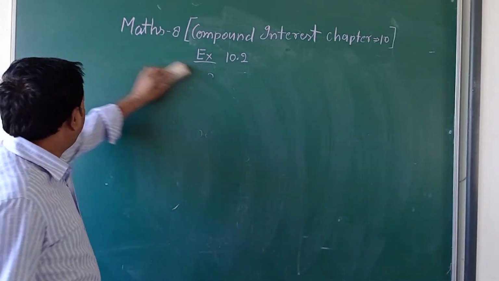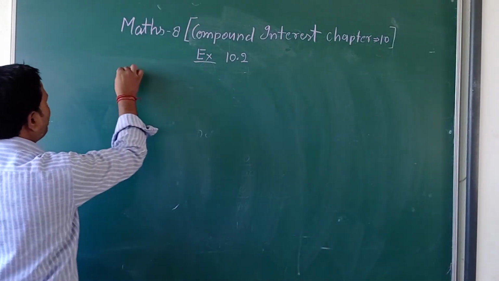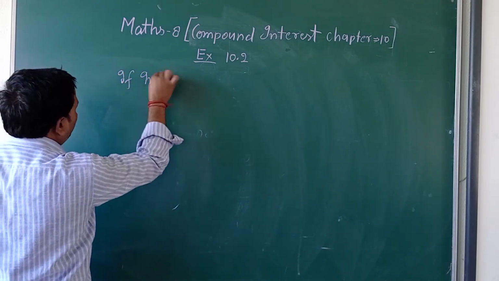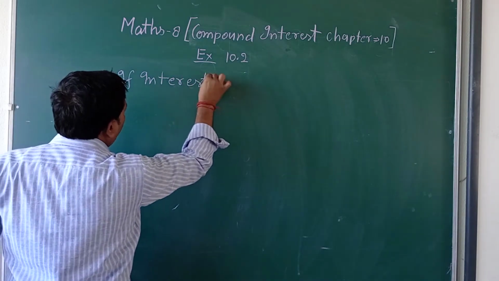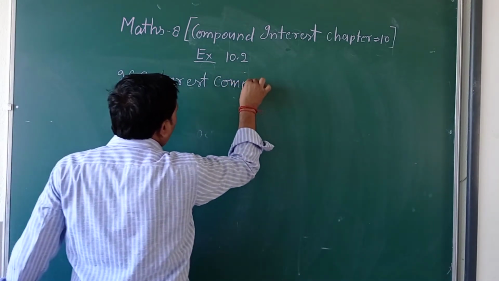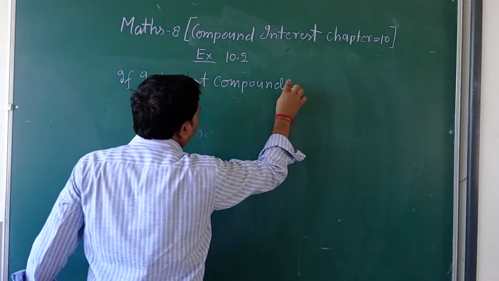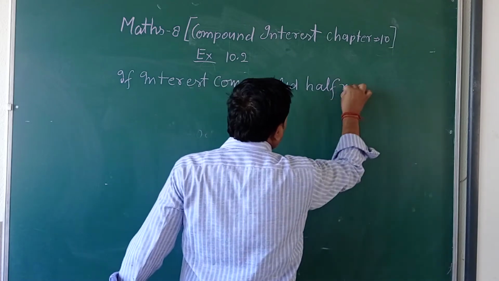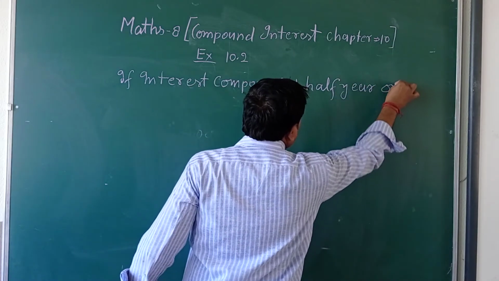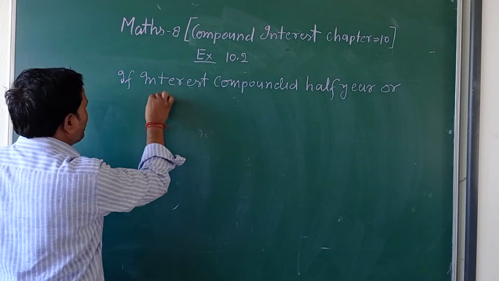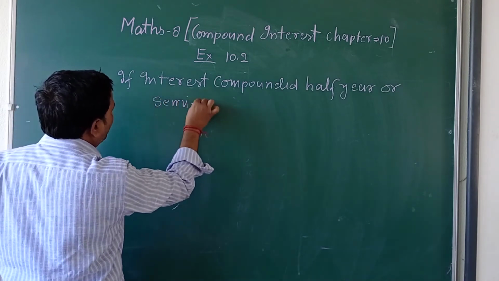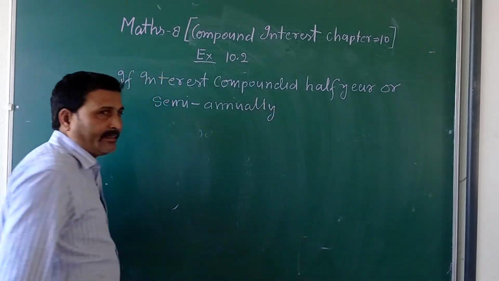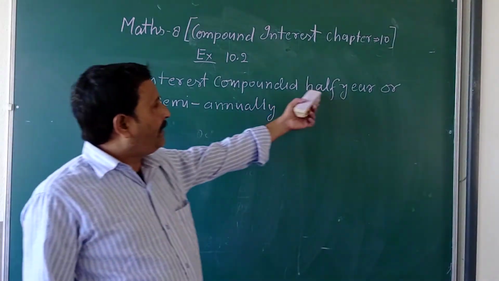Next formula: if interest is compounded half yearly or semi annually, semi annually or half yearly, both are the same.